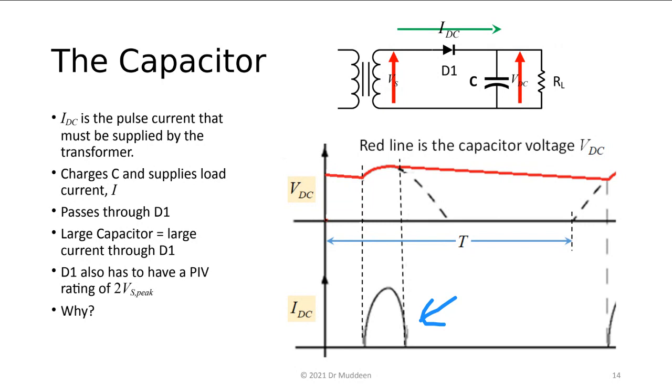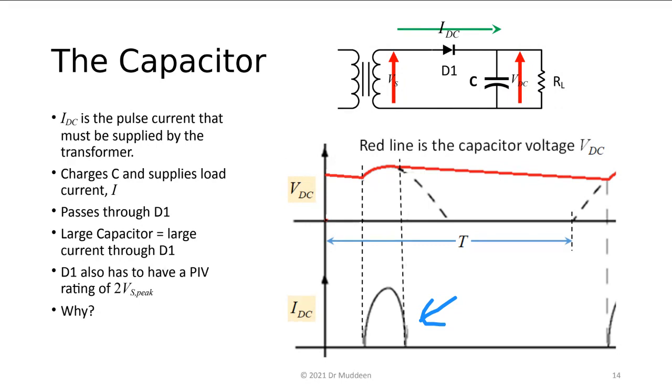So there's a pulse current. When the diode is not conducting, of course, nothing flows. But when the diode is conducting, there is a current flowing through the diode. It charges the capacitor, and because the capacitor is in parallel with the load, it also sends some current the way of the load as well.